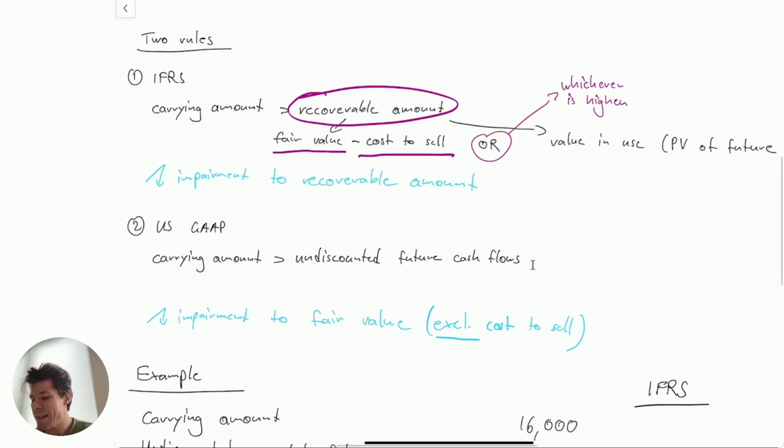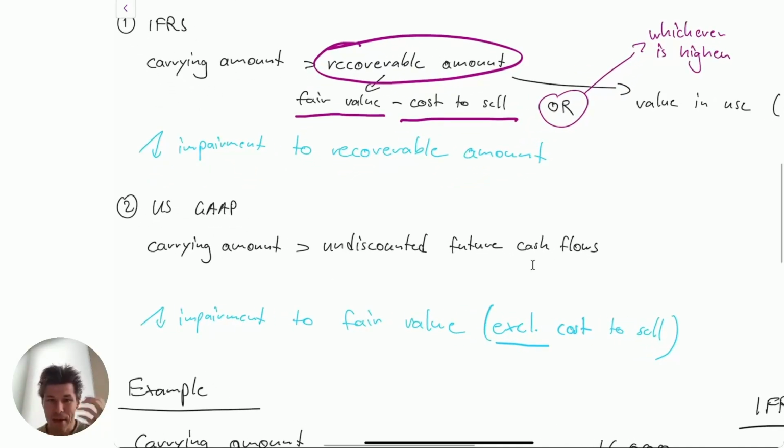You use the undiscounted future cash flow to think about what is the value this asset generates. And again, if the carrying amount is higher, again makes sense because the value in your balance sheet is too high compared to the value the asset generates, then you test for impairment, or basically then you have an impairment.